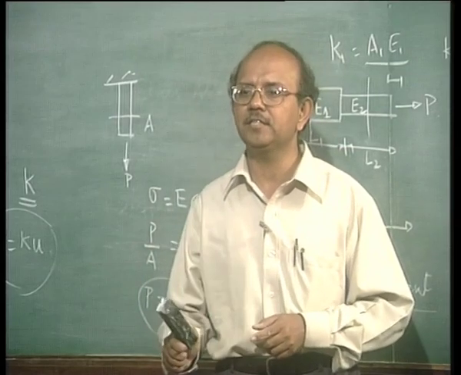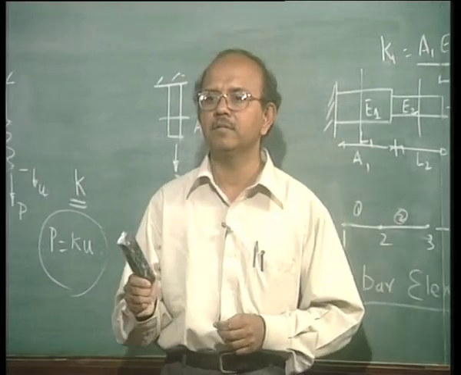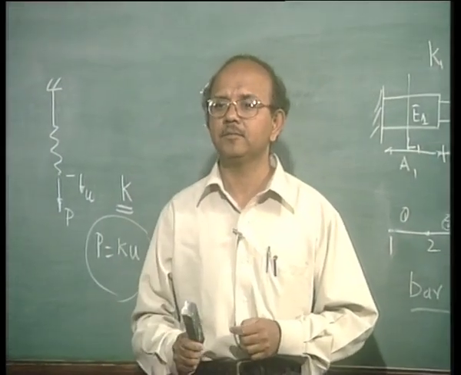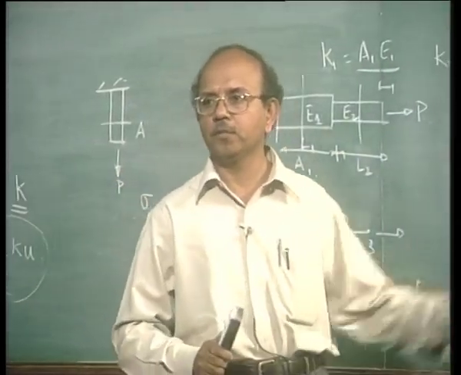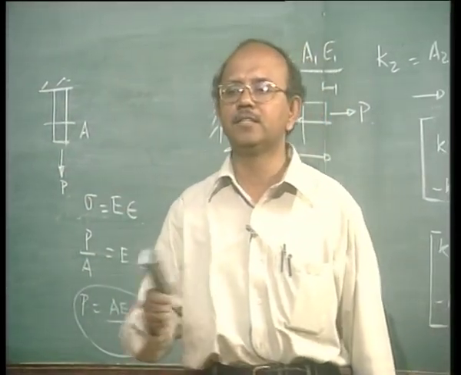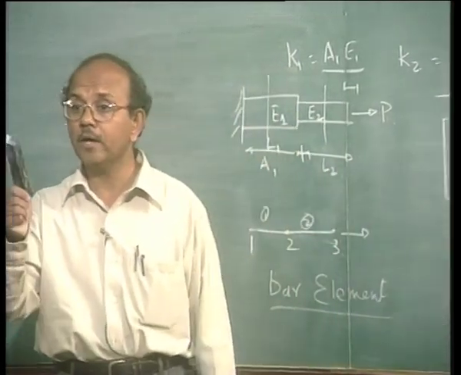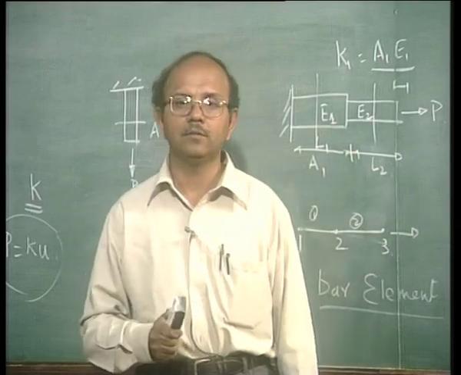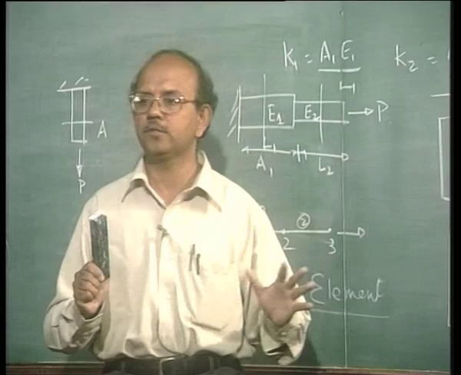It just means that the displacement for that degree of freedom is stated. In this problem, it is stated to be 0. Suppose in another problem I say that this displacement is 0.5 mm, that is also a boundary condition.